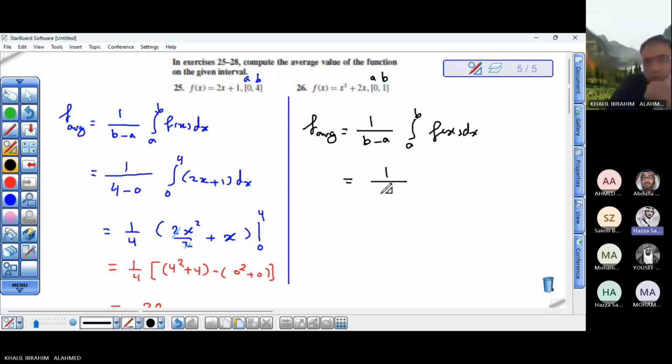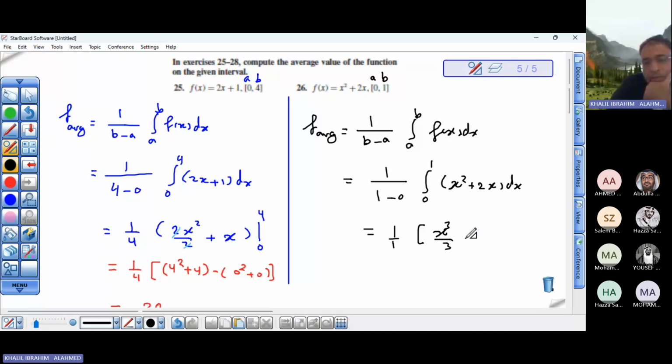1 over 1, from 0 to 1, of x squared plus 2x dx. This is 1 over 1, okay. What is the integral here? x to the power 3, plus the power, divided by the new power, plus 2x squared divided by 2, from 0 to 1.